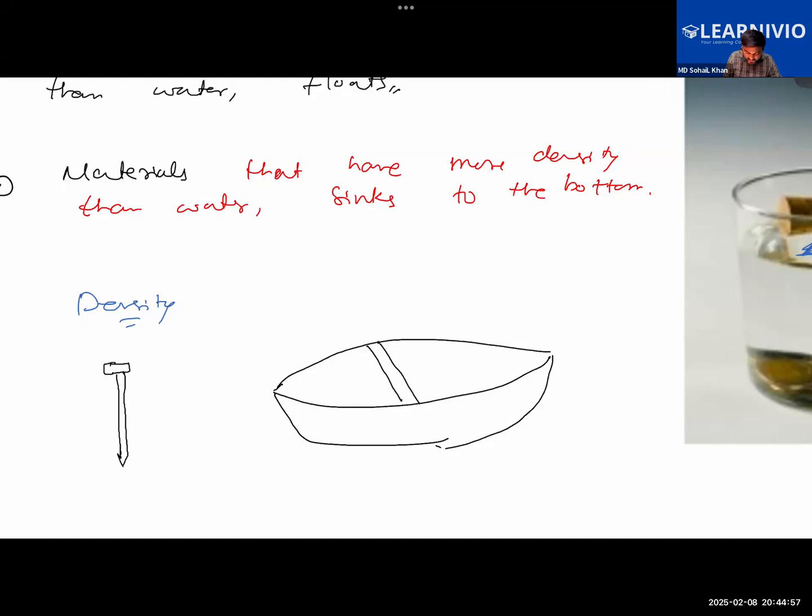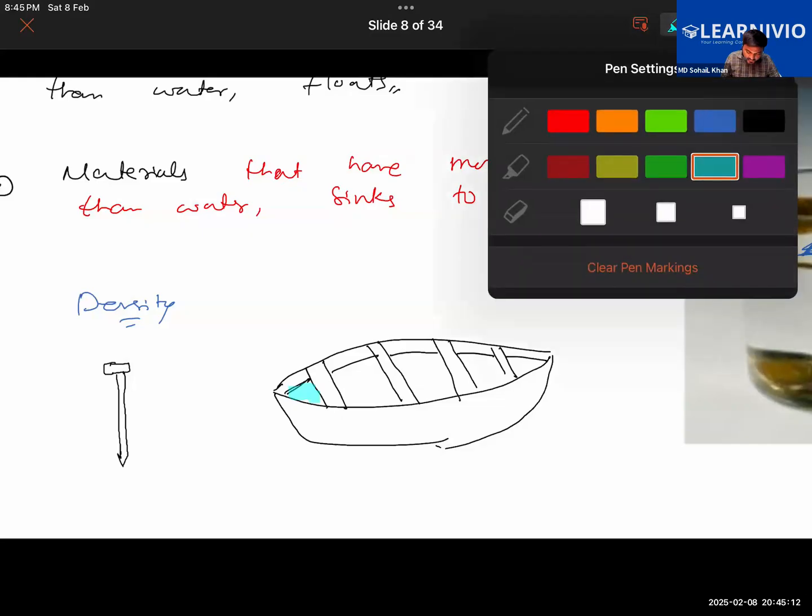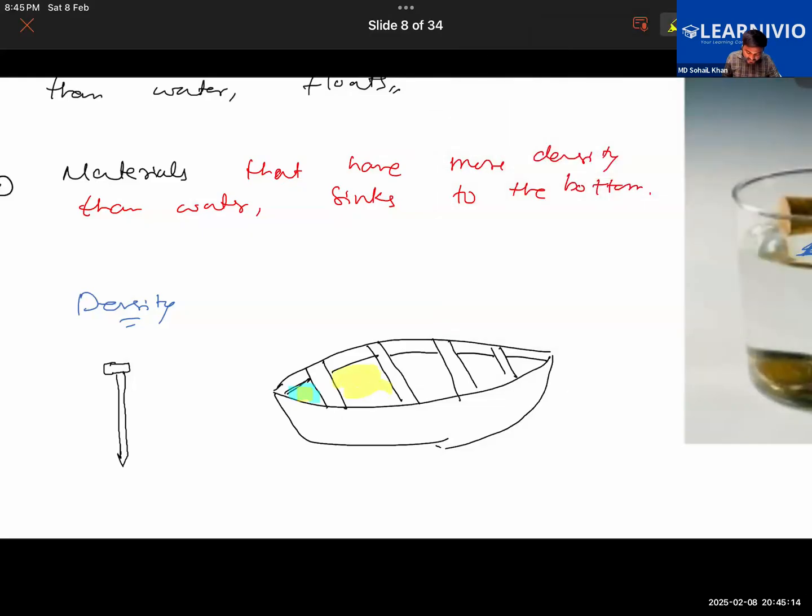It is also made up of iron or steel. Now we see that it is hollow from inside, isn't it? Yes, it is hollow from inside. This is the hollow space in it.